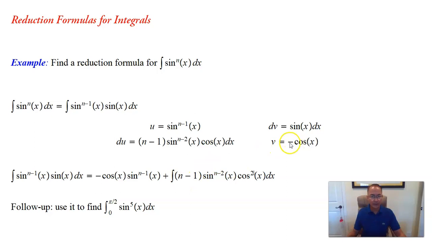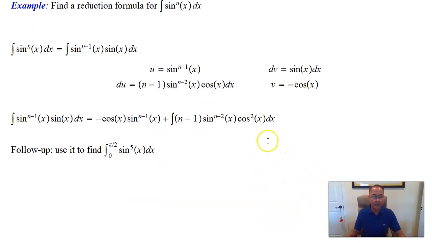So, yeah, quick check. Okay, minus has a plus, n minus 1, sine to the n minus 2, cosine, and another cosine is cosine squared. Now, what are we going to do? Well, we can rewrite cosine squared using the basic Pythagorean identity as 1 minus sine squared.